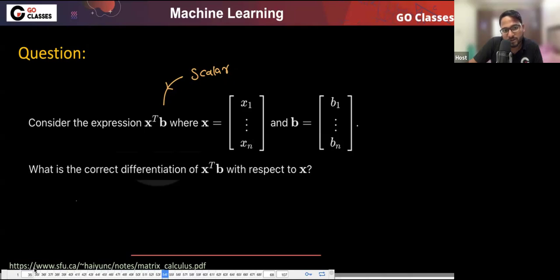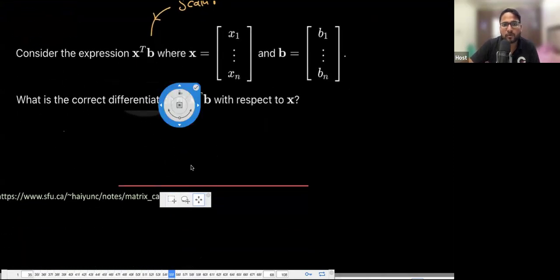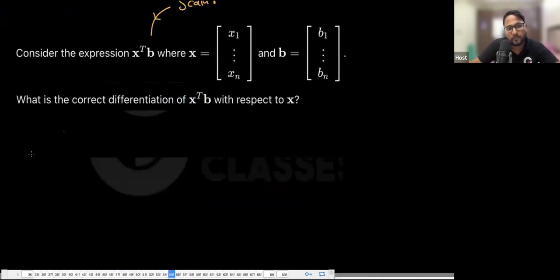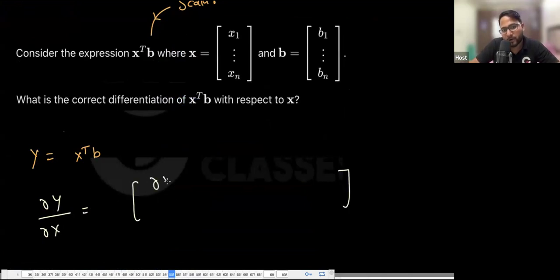Suppose this is y, which is equal to x transpose b. Now del y upon del x will be, since y is just a scalar, you don't have to write y1, y2. You can just write x1, x2 like this.